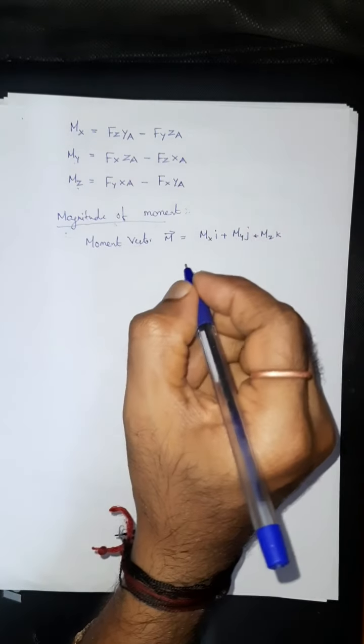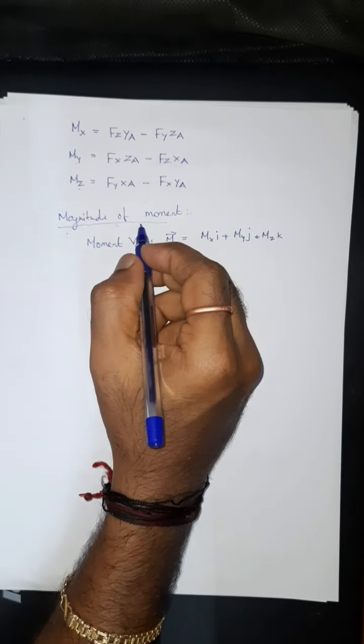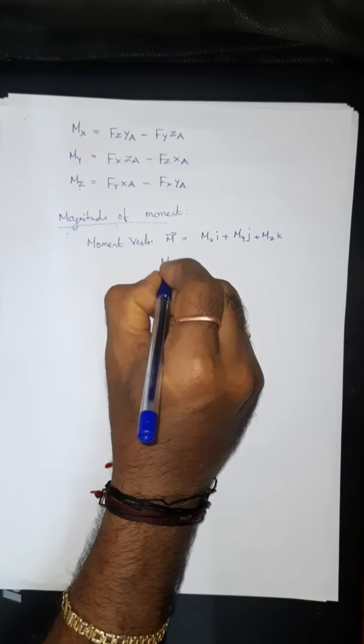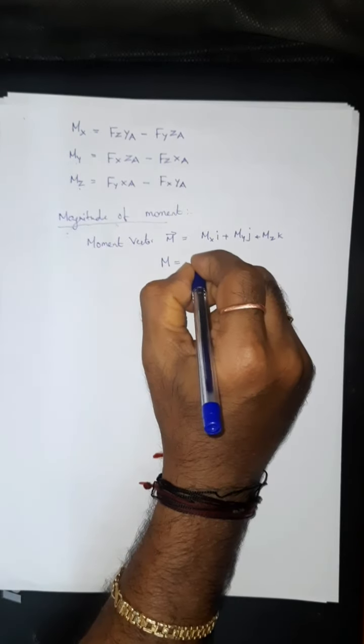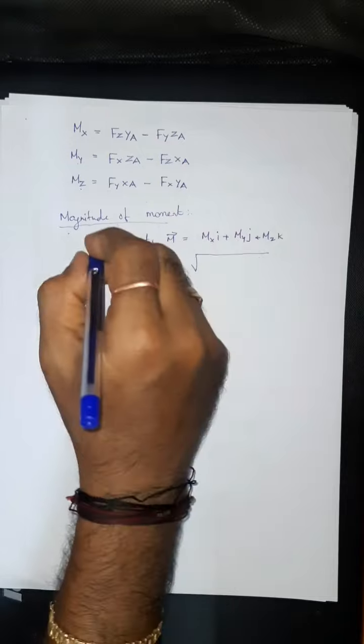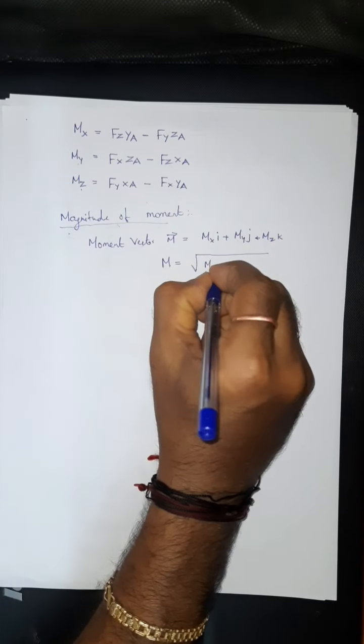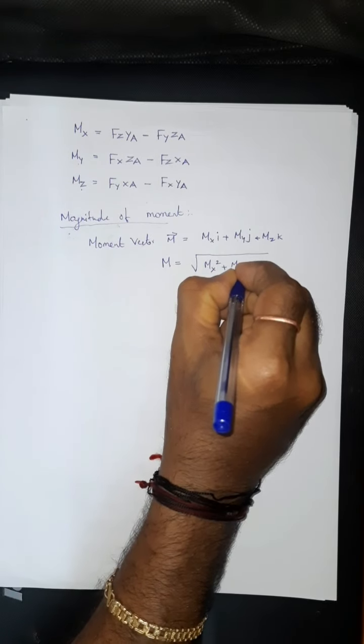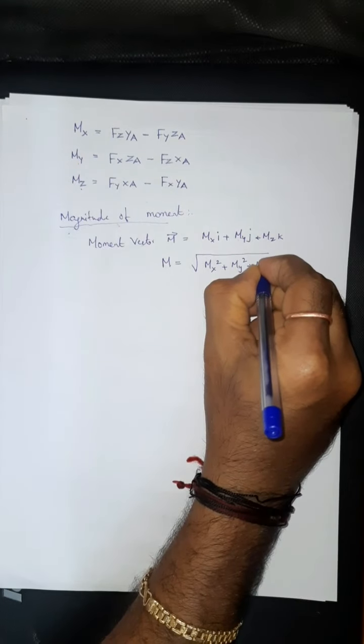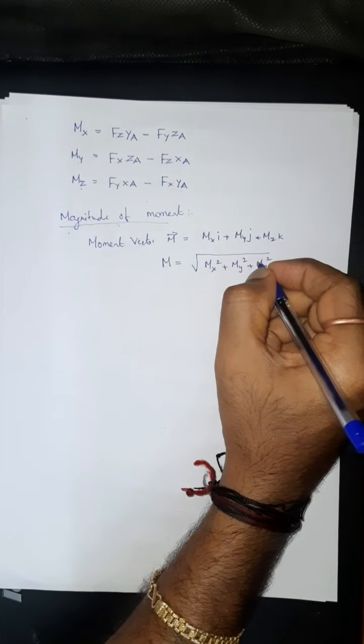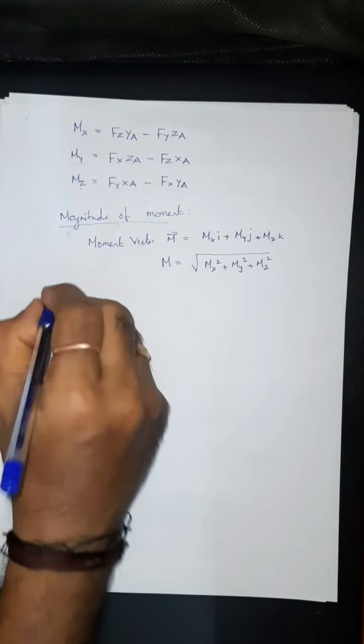So the magnitude of moment can be written as M equal to root of, because this is magnitude, right? So you will have to mention Mx square plus My square plus Mz square. So this is the magnitude of moment.